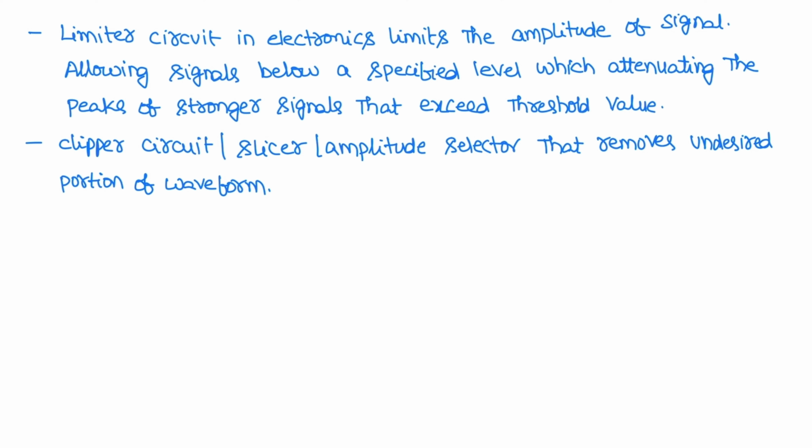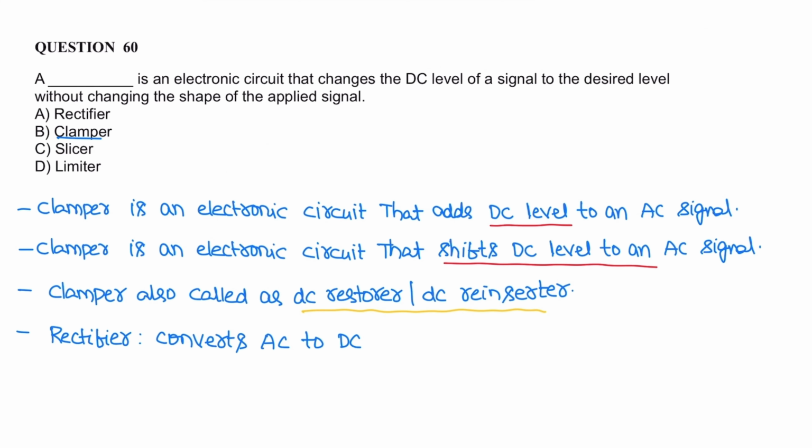So this is the definition of limiter circuit and definition of clipper, distinct from the definition of clamper circuit. So for the given question, the correct option is clamper, DC restorer, DC reinserter that adds a DC level or shifts the DC level of an AC signal without changing the shape of a signal.